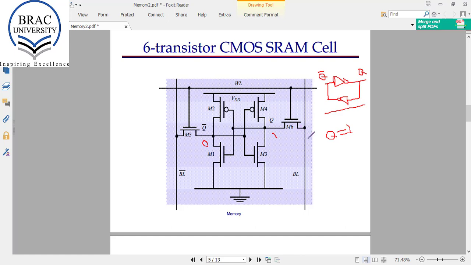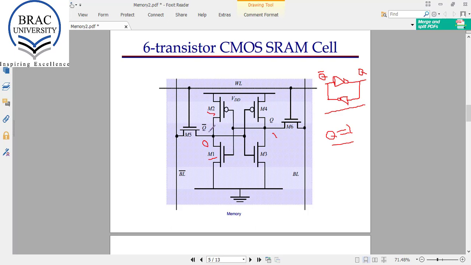Now if the stored data Q is 1, this will be 1 and this location will be 0. If this location has value 1, that is 5 volt, then this M2 transistor will be off, because at the gate of this PMOS we have 5 volt, and this transistor will be on, because at its gate we have 5 volt.